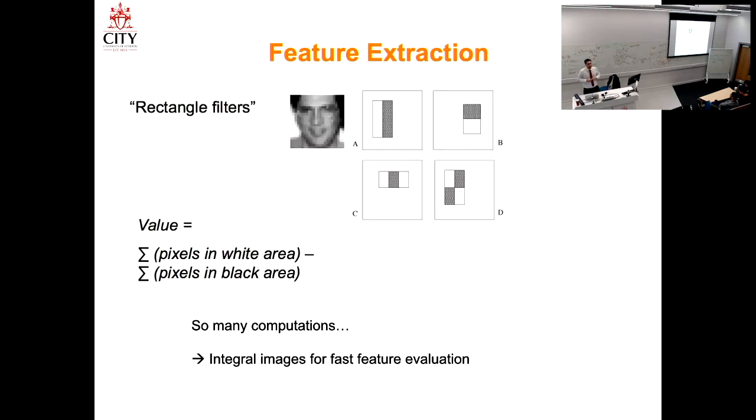Integral images. Let's say I want to multiply this filter on this face. So this is 255 times 1 plus 186 times 1 plus and so on, and then minus 255 minus and so on.